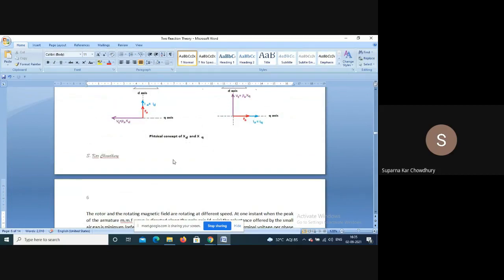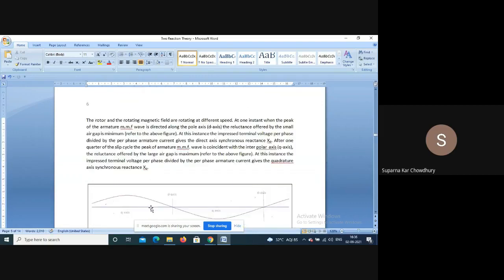So we can measure the minimum and maximum values. Maximum voltage by minimum current gives you Xd, the direct axis reactance, and minimum voltage by maximum current gives you Xq, the quadrature axis reactance.